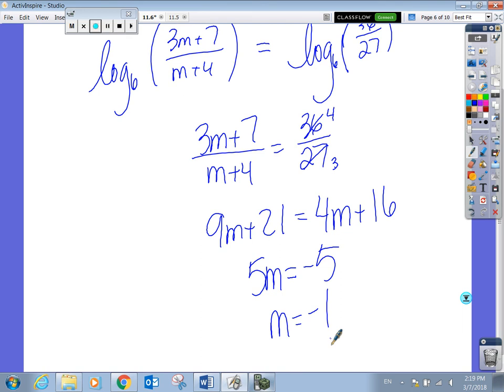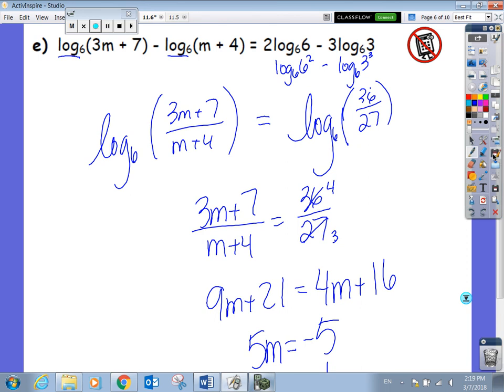Now, the thing about solving logs is you have to check. You can't just assume the answers all work. You have to remember that the argument and the base must be positive. So you have to look in the problem depending on what you're looking for. Where is the variable? The variable's in the argument. So if we plug in negative 1, this argument's still positive.